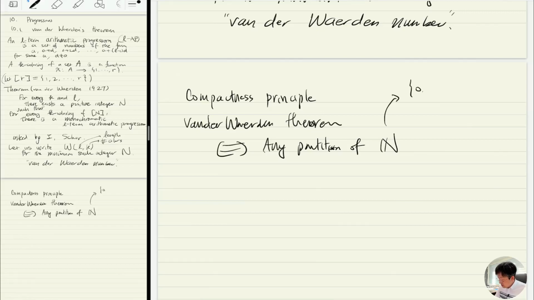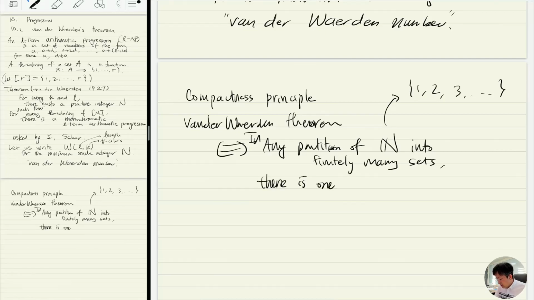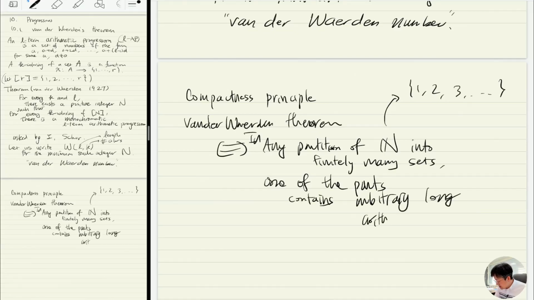So N is a set of positive integers, not including 0, into finitely many sets, in any partition, there is one of them, one of the parts contains arbitrarily long arithmetic progressions.